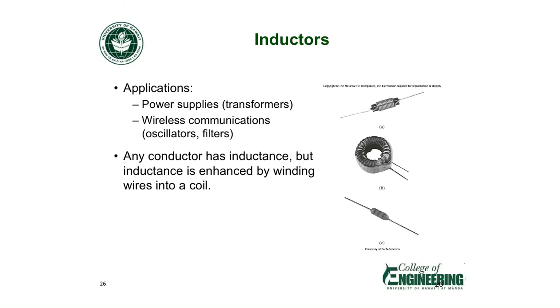They're used a lot in things like power supplies. And they're also used in filter circuits and oscillator circuits. So, for example, the circuits in your mobile phone that are used for the communications part of it, those have a lot of inductors in them. Which actually is a problem, because inductors take up a relatively large amount of space in a circuit.